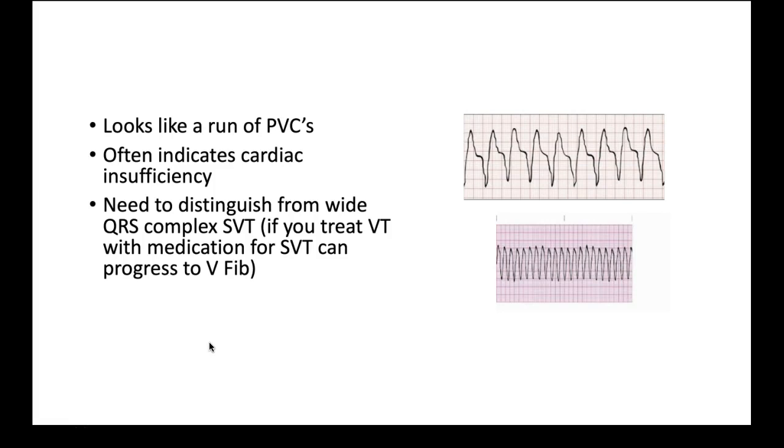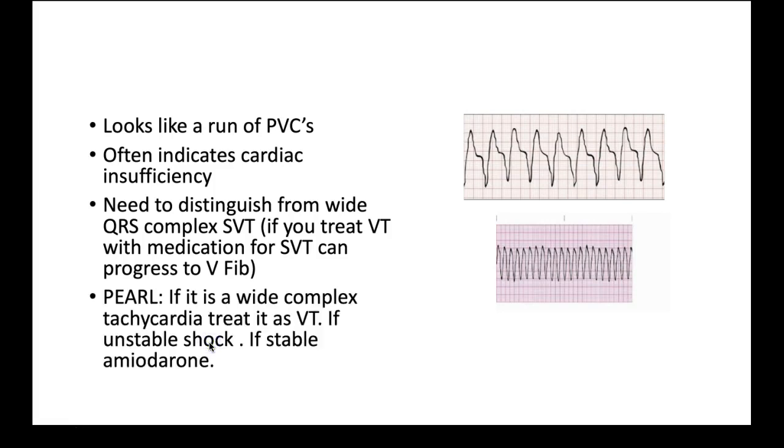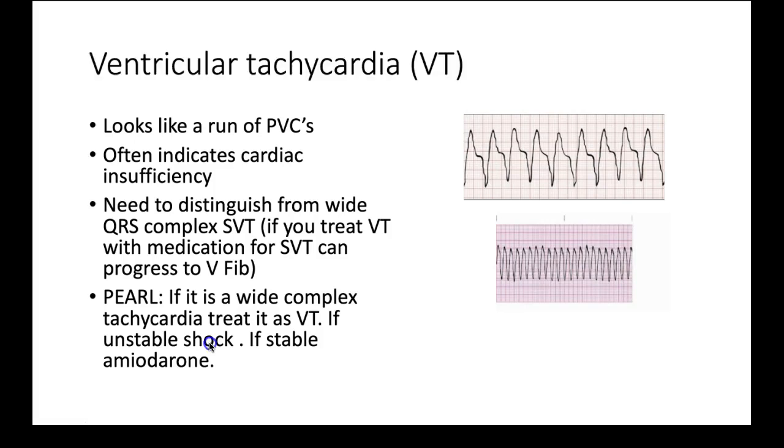You don't want to give something like adenosine to somebody who's in VT. So think wide complex amiodarone. You can't go wrong. And again, of course, if they're unstable, you're going to shock them. But I'm talking about a stable, wide complex amiodarone. Treat it as VTAC.